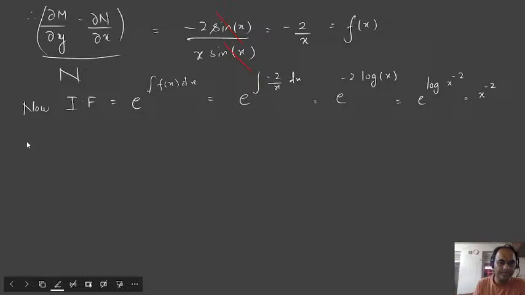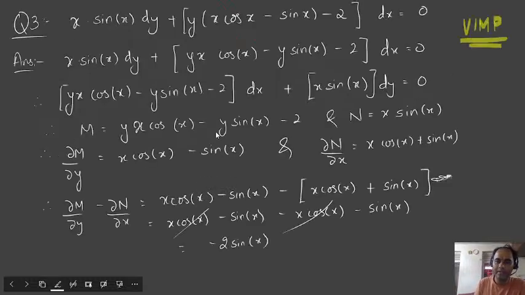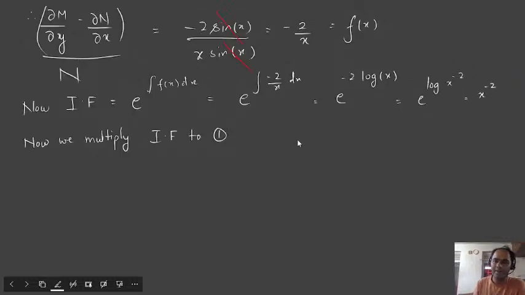Now we multiply the integrating factor to equation number 1. Have we labeled anything equation 1? We haven't. So we label this equation number 1. So when we multiply this x raised to minus 2 to equation number 1, what happens?